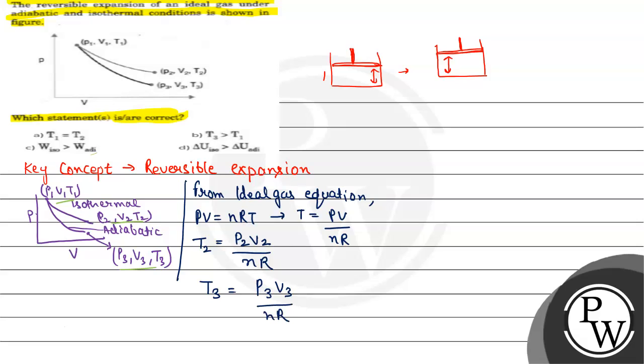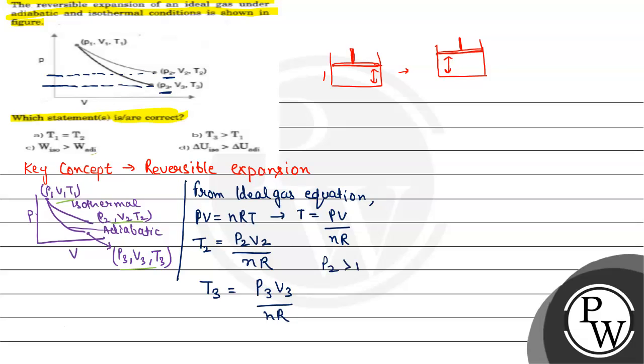Now from the given graph we can see that P2 is greater than P3, as P2 lies here and P3 lies below this. So the value of P2 will be more.